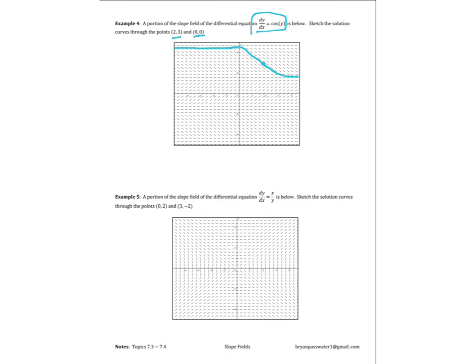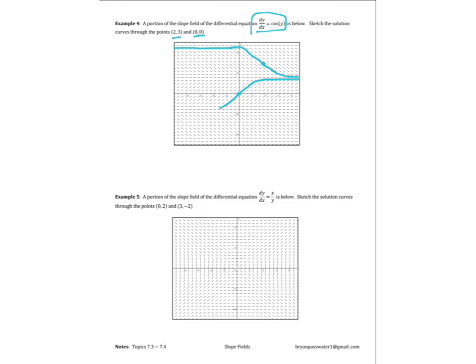Let's draw the curve that might go through (0, 0) and see what that one would look like. So this is sketching the solution curve. I think it's going to come up here and then ride right under that horizontal asymptote. Can you see it? You can cross these slope lines.